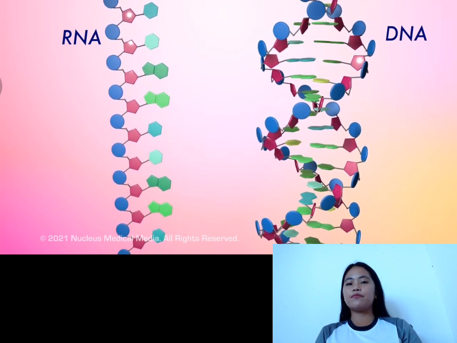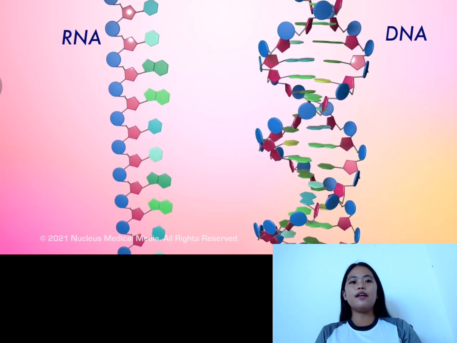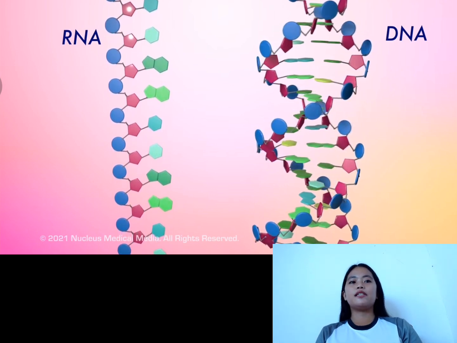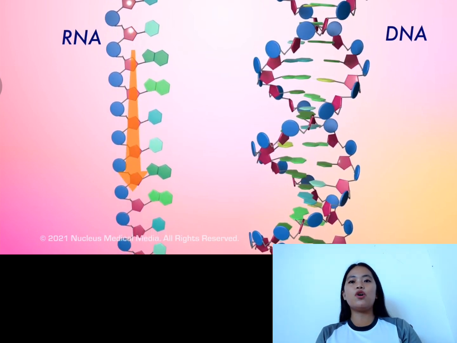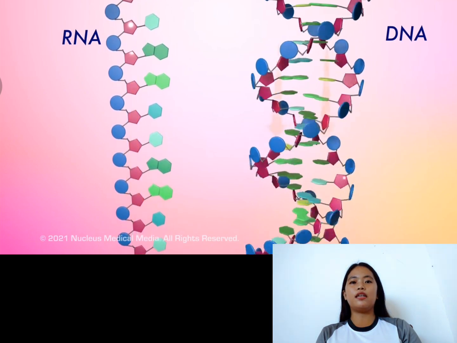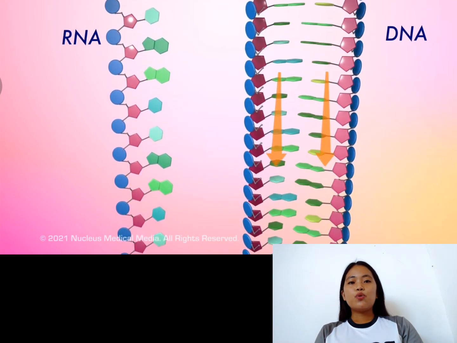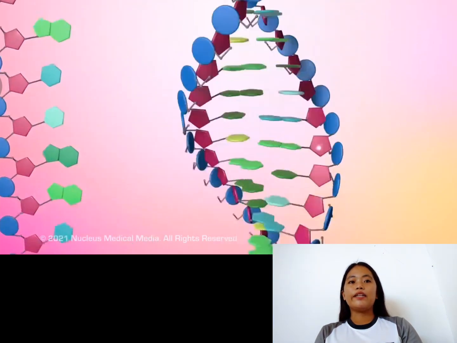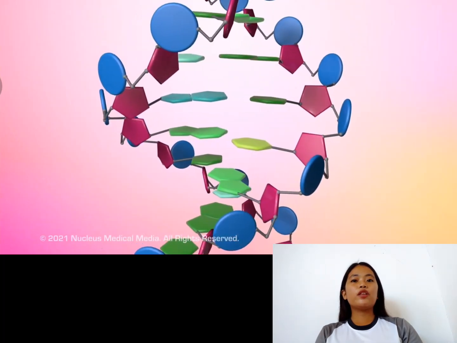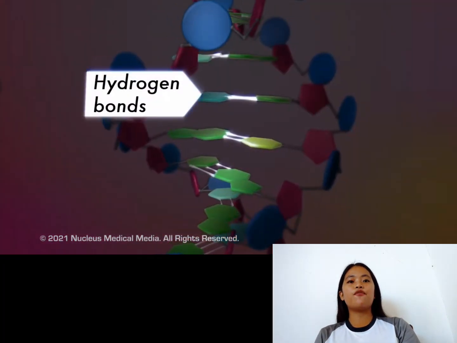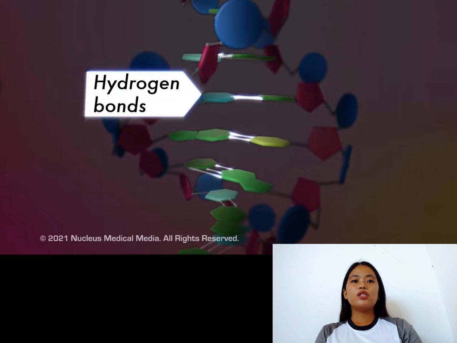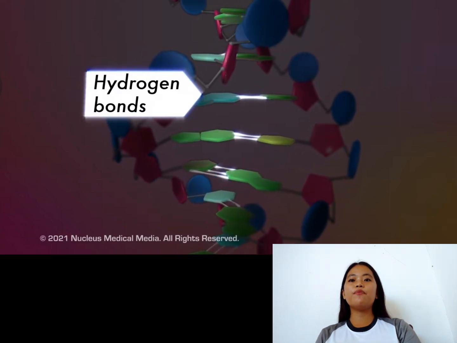For example, RNA is a single-stranded nucleic acid, while DNA is a double-stranded nucleic acid. The two strands in DNA are linked by hydrogen bonds that connect the nitrogenous bases from one strand to the nitrogenous bases from the other strand.